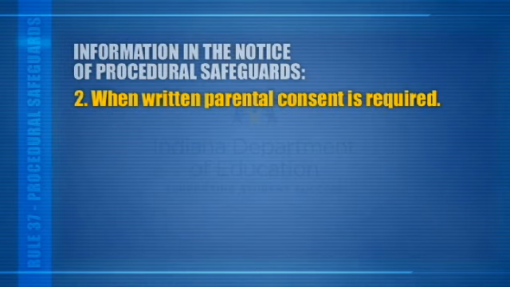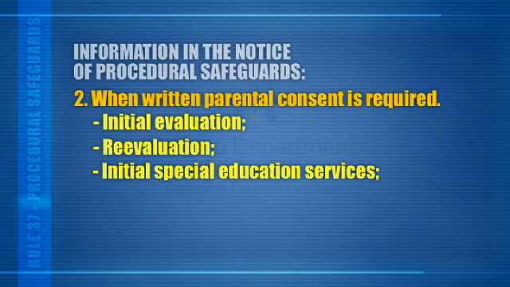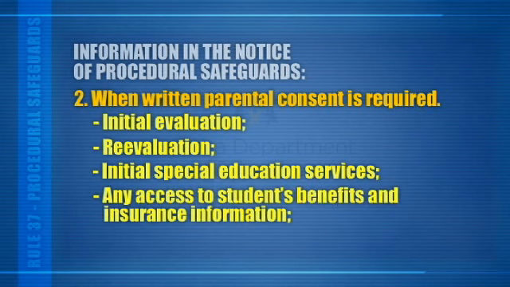2. The prerequisite of written parental consent for initial evaluation. A reevaluation, unless the parent fails to respond to a public agency's reasonable efforts to obtain consent. Initial special education services. A public agency's access to a student's public benefits or insurance programs or private insurance proceeds.